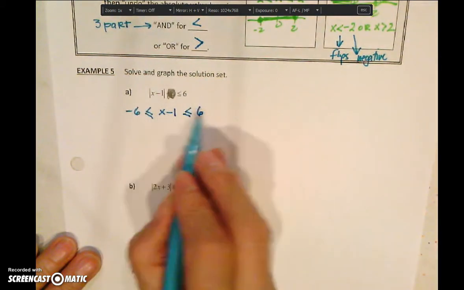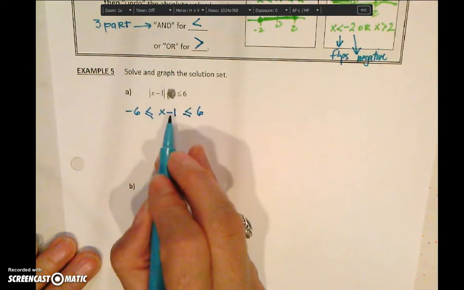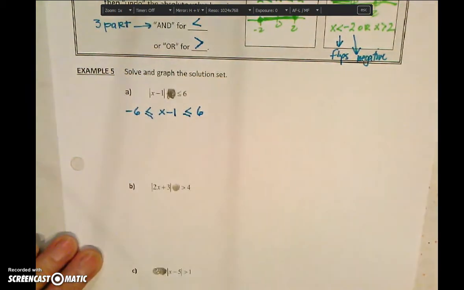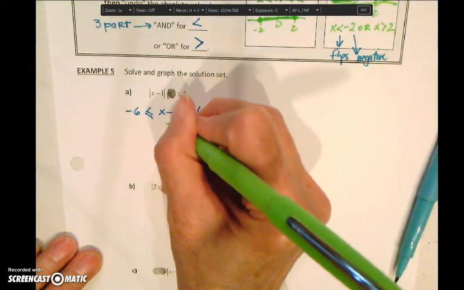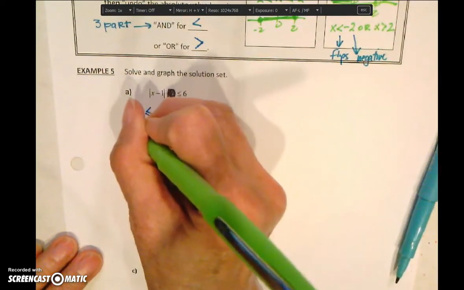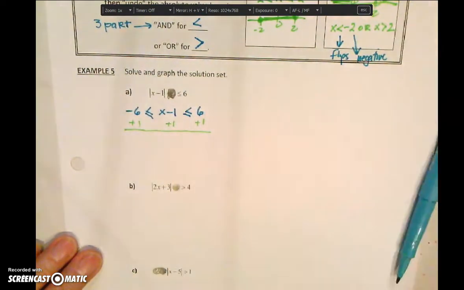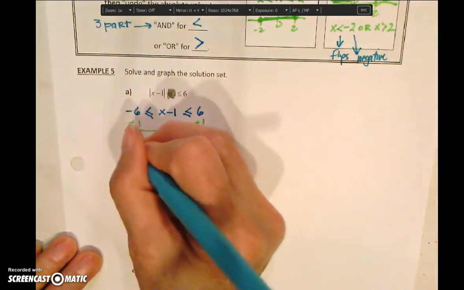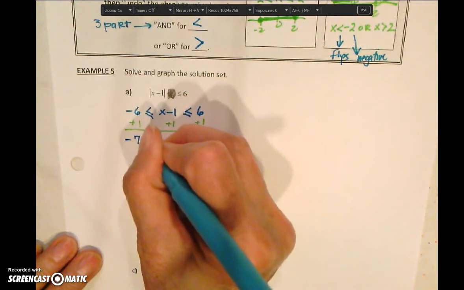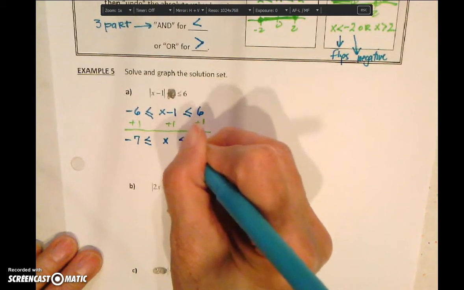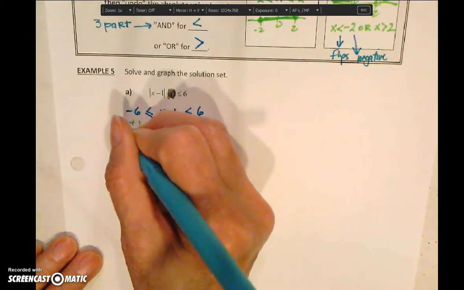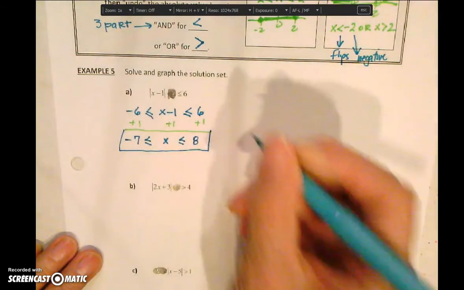So negative on the left, positive on the right, the inside's in the middle. And then once I get there, I just have to solve it like we did the other three-part inequalities earlier. Just add 1 to everything, and I get that negative 7 is less than or equal to x is less than or equal to 8. And that is my solution.